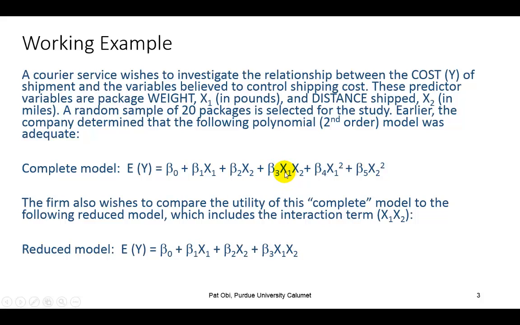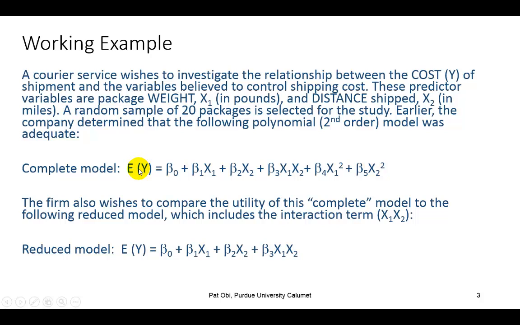In other words, when a package goes a longer distance, given its weight, does the combined effect of weight and distance impose an extra measure of cost consideration with respect to the package?